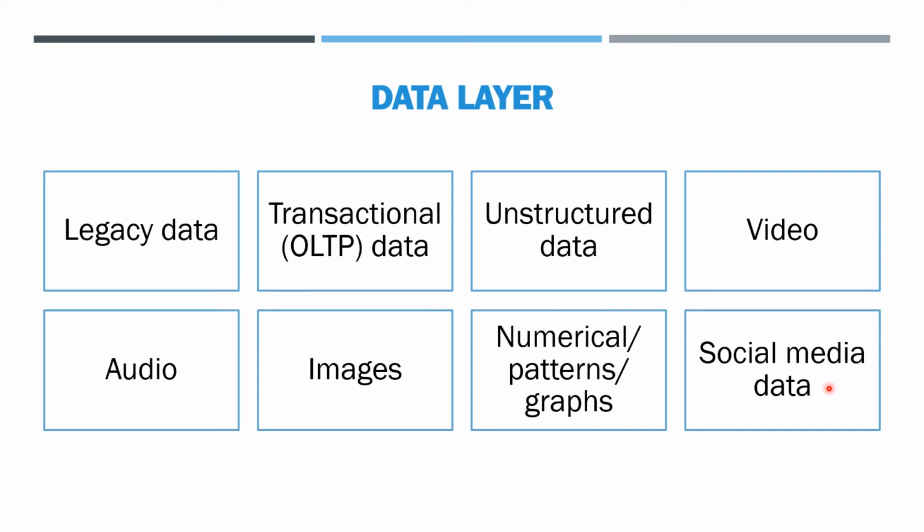Okay, last one, social media data. This one is typically classified as all the social media apps like Facebook, LinkedIn, Twitter, Instagram, TikTok, everything that is related to social media. This data is a lot.